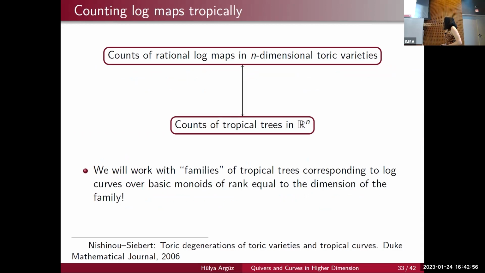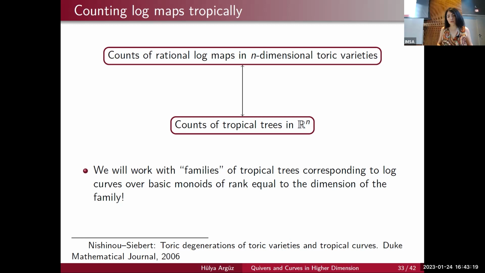And it was the work of Nishinou and Siebert to show how to calculate and enumerate log Gromov-Witten invariants, which are counts given by, in the genus 0 situation, if you just look at counts of rational maps in n-dimensional toric varieties. So this is a very restricted setup.